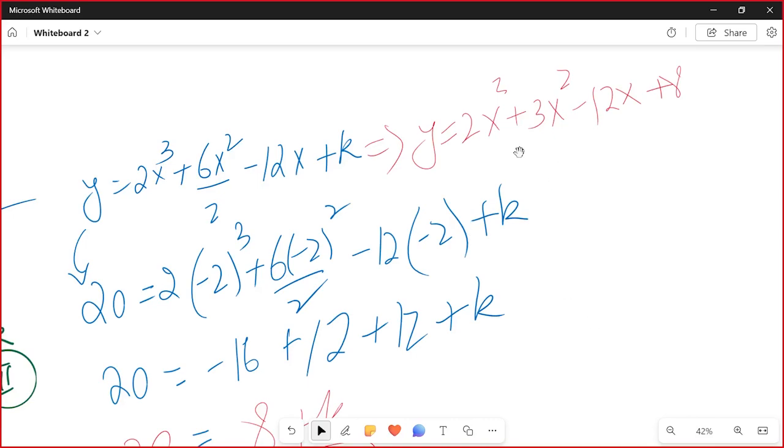How? You put x is equal to minus 2. The y should be 20. 20, yeah. If you put minus 2, look at it.